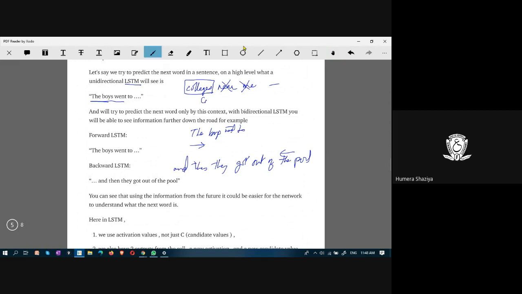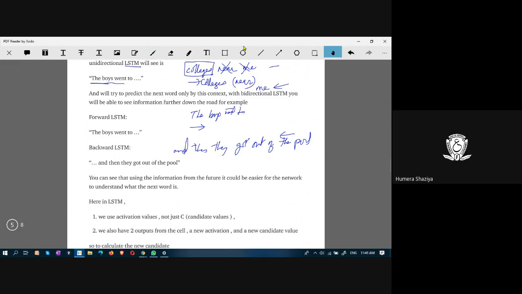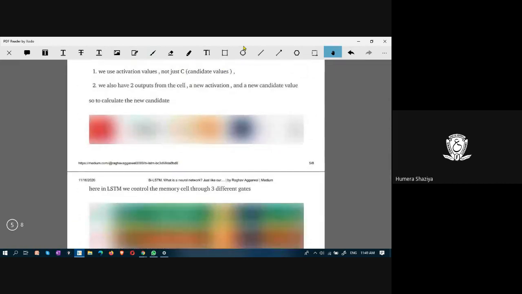Suppose you say colleges from one end, forward LSTM, and me from backward LSTM, then immediately this LSTM can come up with the word near, because from these two words it has derived a context and come up with the more appropriate word which is near, fitting in this context. So that is the advantage of having Bi-LSTM.